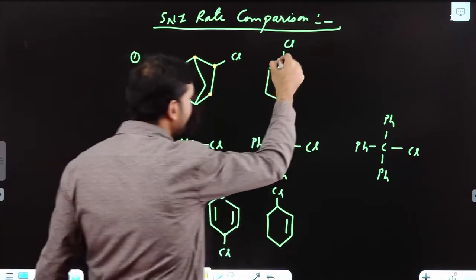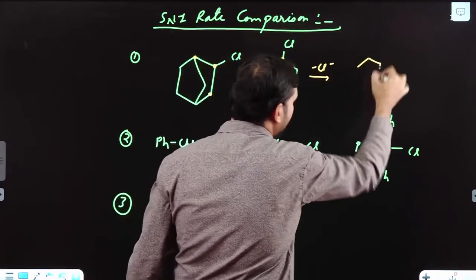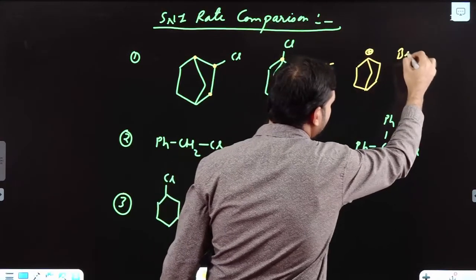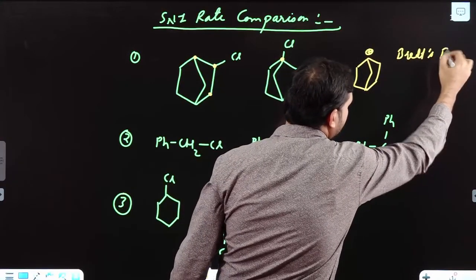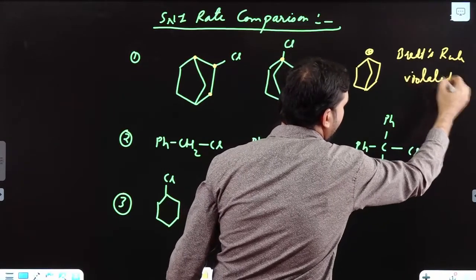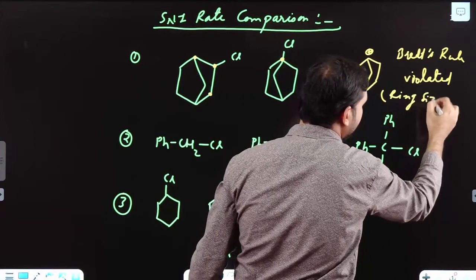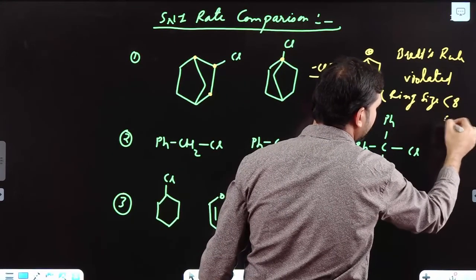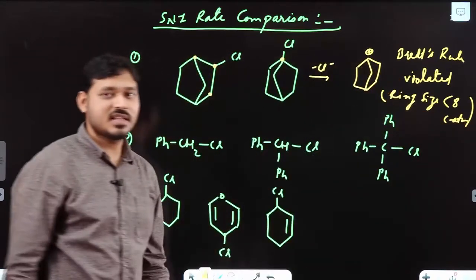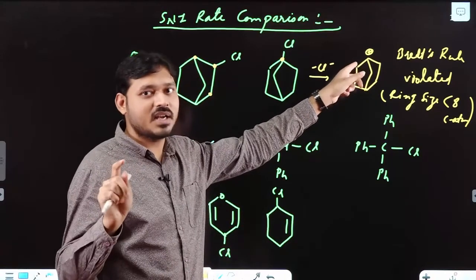But here, if Cl minus is generated, it will cause a plus charge at the bridgehead, and Bredt's rule is violated. The ring size is less than 8 carbon atoms, so you can see this plus charge on the bridgehead carbon atom is highly unstable.